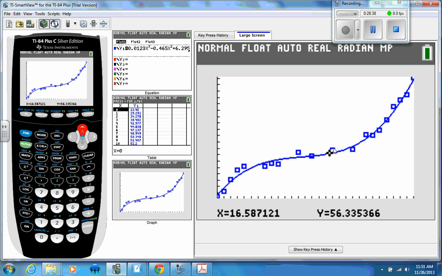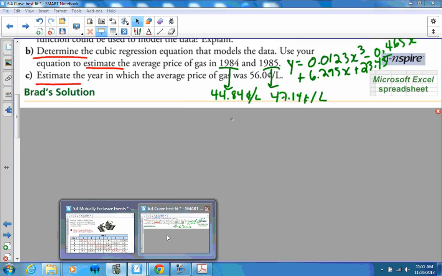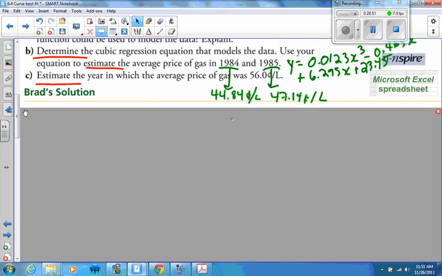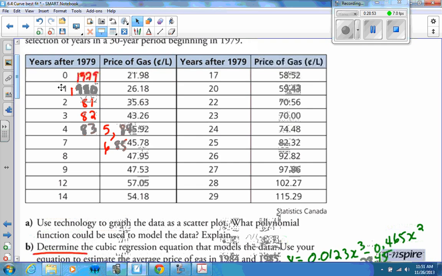So roughly in the 16th year after 1979 will be the answer. So where's the 16th year after?